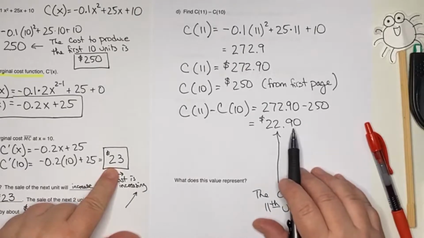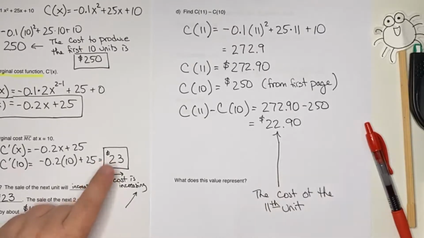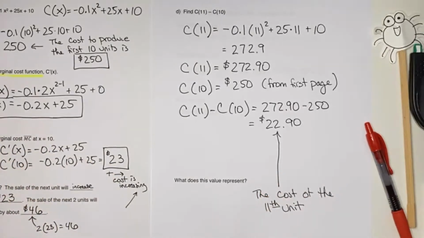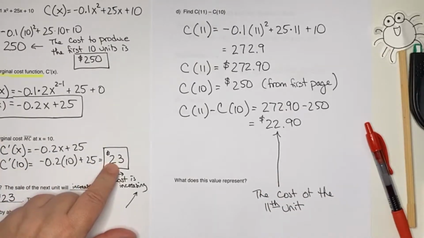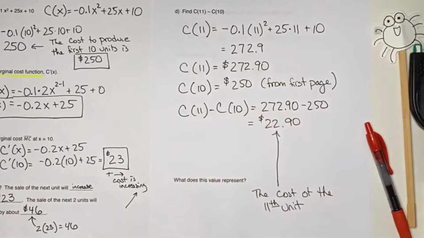The actual difference in cost was 22.90. See how close we were? That was pretty good. So if I guessed that in this very simple way, if we want to make one more of this thing, it would cost us $23, I was pretty close, and I saved all this extra work. So that's the idea. It's just a quick way to approximate what's going on.